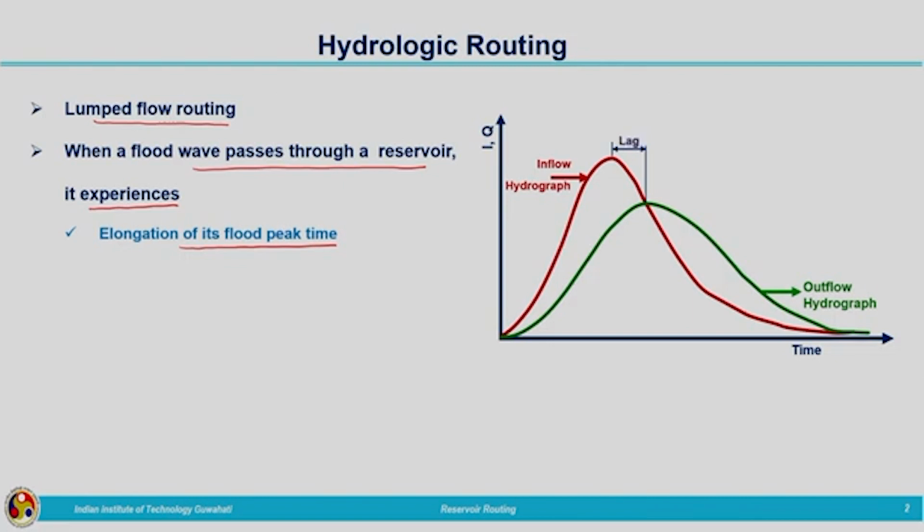You can also observe that the peak is reduced, which is termed attenuation of the peak, that is, the reduction in the peak flow value. As far as the time base is concerned, there is also a lengthening of the time base in the case of the outflow hydrograph compared to the inflow hydrograph.